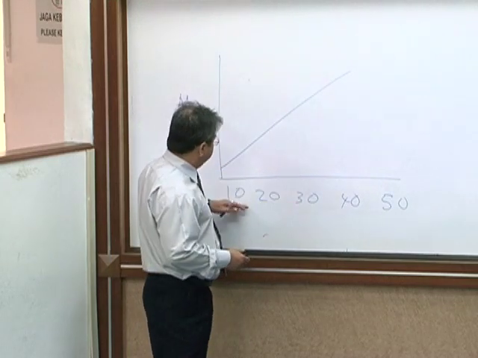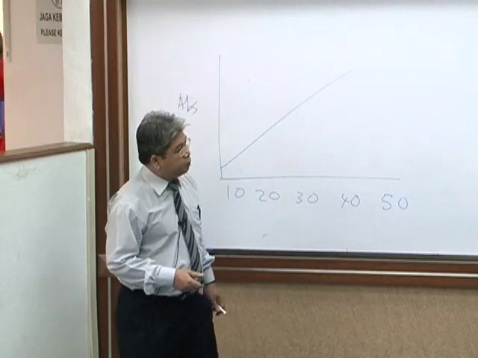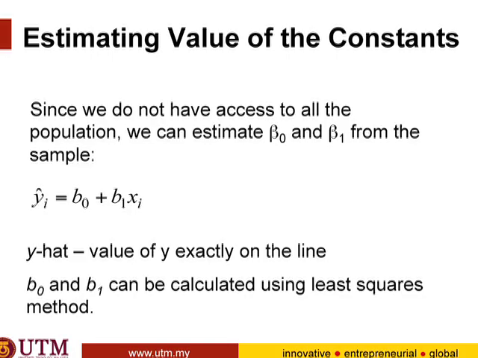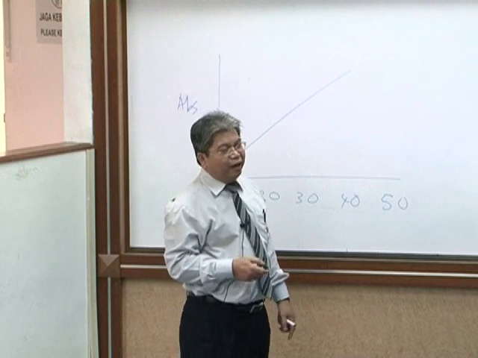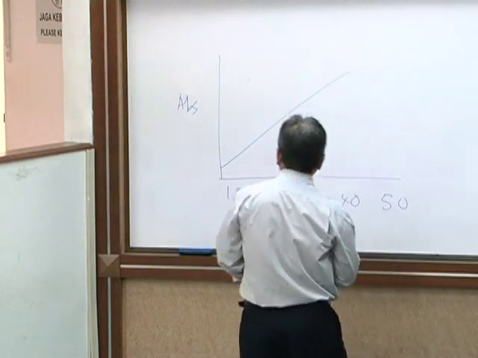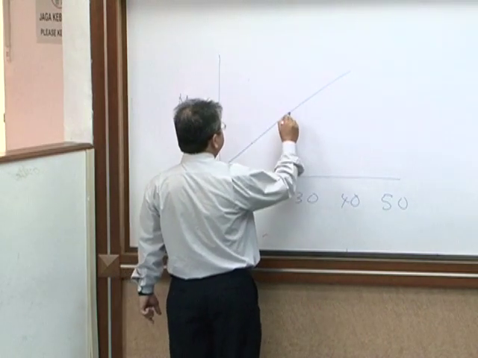that we make up from standard solutions with a series of concentrations. This one is the Y value with a hat. The term used is Y hat because it has a hat on top of Y. It is the estimated value, the value of Y exactly on the line.